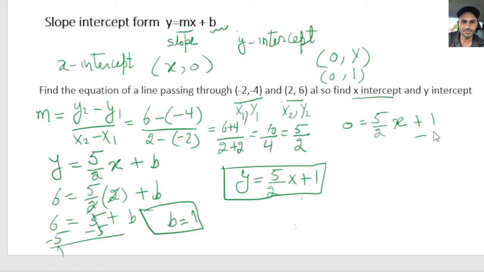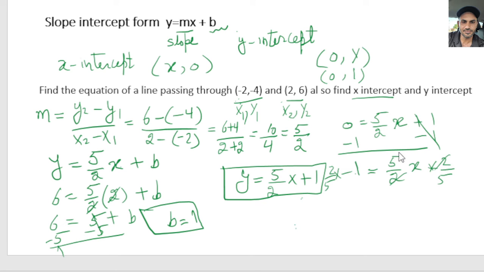So if we subtract 1, then this is gone, and we're left with 5/2 x equals -1. Now we multiply both sides by 2/5 so we can get x by itself.